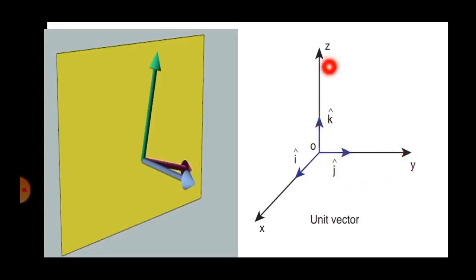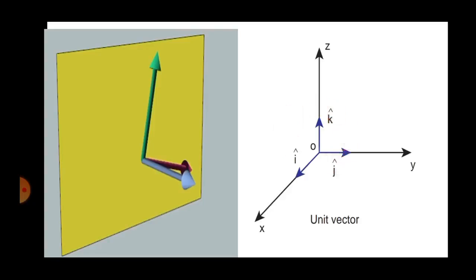These are the three most common unit vectors in the positive direction of the x, y and z axes of the Cartesian coordinate system, denoted by i, j, k. Since they are along mutually perpendicular directions, this angle is 90 degrees, this angle also 90 degrees, this angle also 90 degrees.